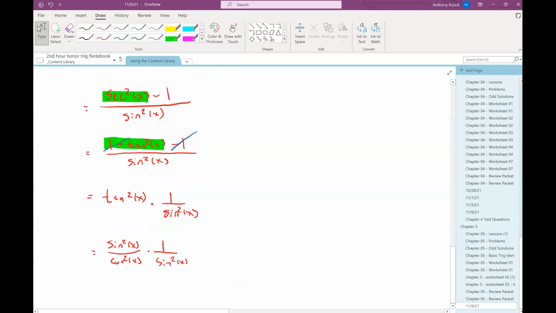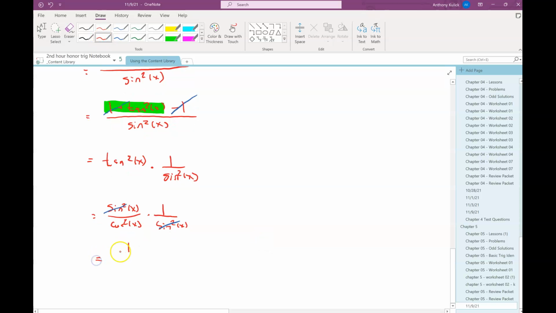That was one of the quotient identities. If I do that, the sine squareds can cancel. I'm left with 1 over cosine squared. And I know the reciprocal of cosine is secant. So it's just secant squared.